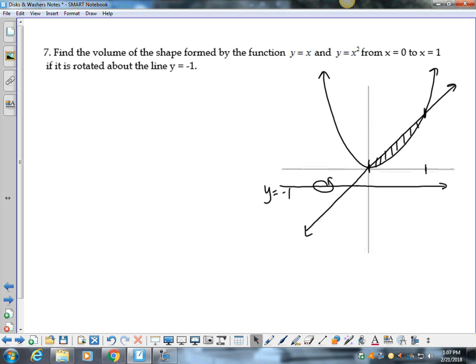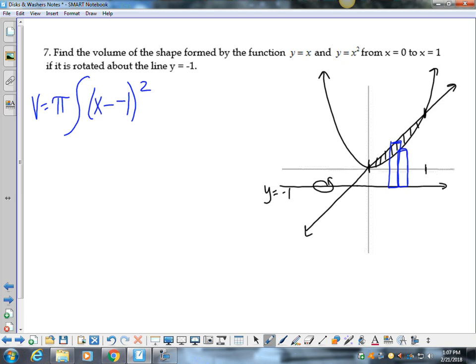Okay, so here's my plan. All the way down to the axis of rotation. So I'm going to find that area, and then I'm going to subtract that area out. So volume equals pi. Top function is x minus, careful, so x minus a -1.